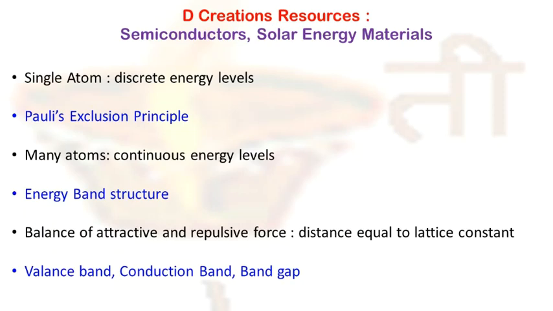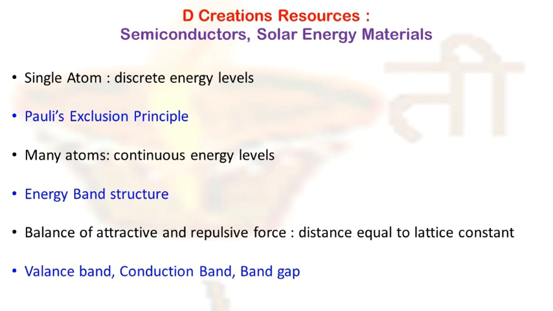So this is how for a silicon crystal you have energy band. When you had a single atom, you had discrete energy levels, and when you have many atoms in a crystal, you have energy band with certain number of empty states and certain number of filled states.